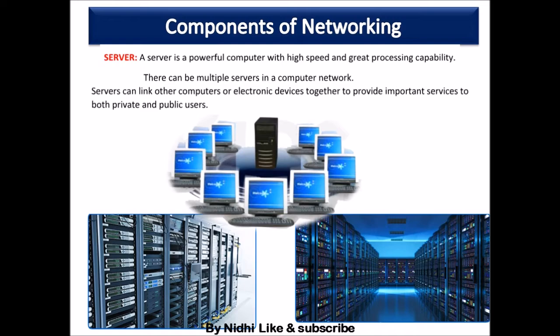Here you can see in the diagrams that different types of servers are explained. In the center, the computer which looks like a CPU is a server, and it is connected with other nodes or computers. In the back side, the two diagrams are showing server rooms. So this type of arrangement is known as a server.